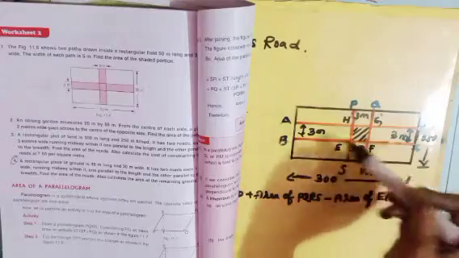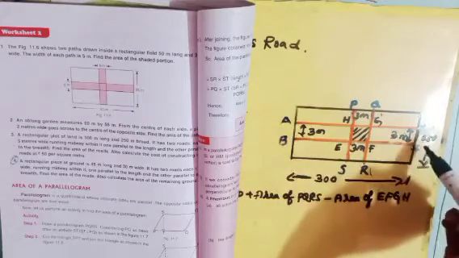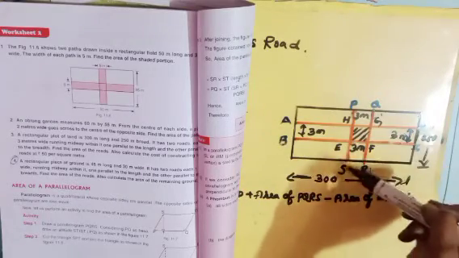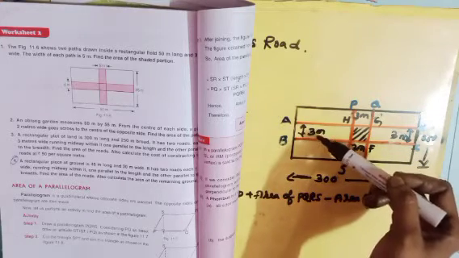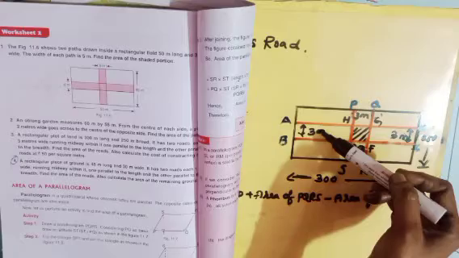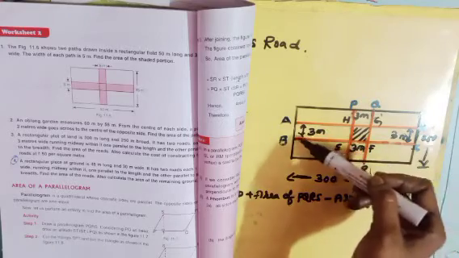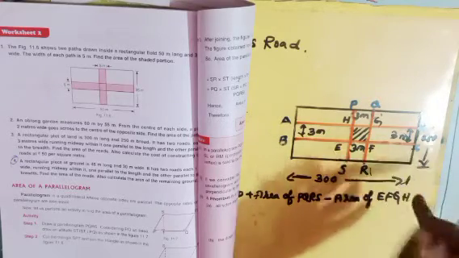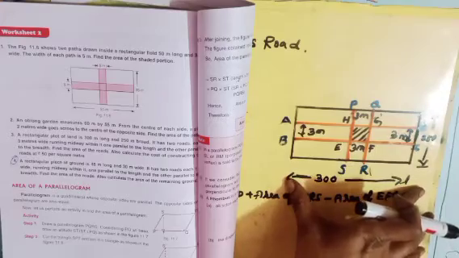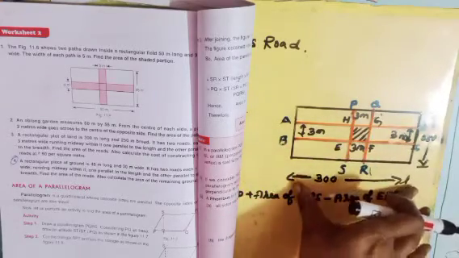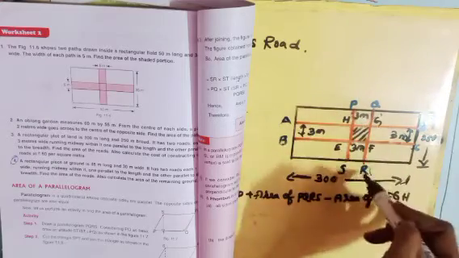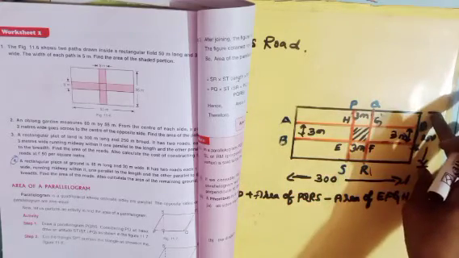So AB, CD and PQ, RS are the crossroads, which have a width of 3 meters, and these crossroads are parallel to the length 300 meter. ABCD is parallel to the length 300 meter and PQRS is parallel to the breadth 250 meter.